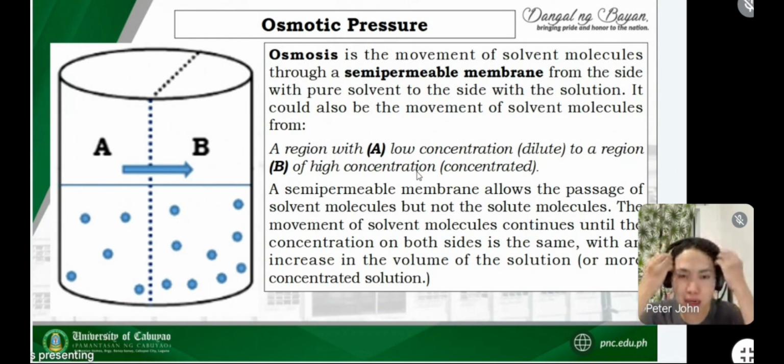So, kung baga, yung movement na ini-exert ng water is continuously once na hindi pa naging equal yung amount ni solute in both areas. So, kung baga, ganun siya. Continuously mag-exert ng pressure yung tubig as long as na hindi na naging equal yung amount ni solute in two areas. Okay po? So, sige.